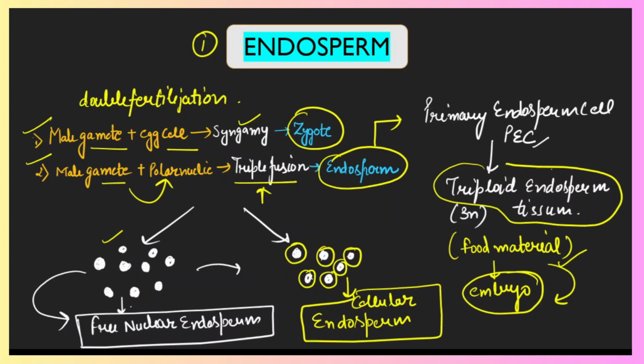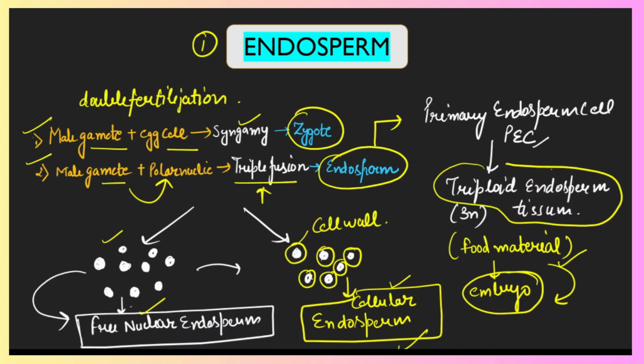But when the nuclei form a cell wall around them, that endosperm is called the cellular endosperm. This is the nuclear endosperm without cell wall, and if the cell wall is formed around the nucleus, that endosperm is called the cellular endosperm. I hope these two terms are clear to you all.